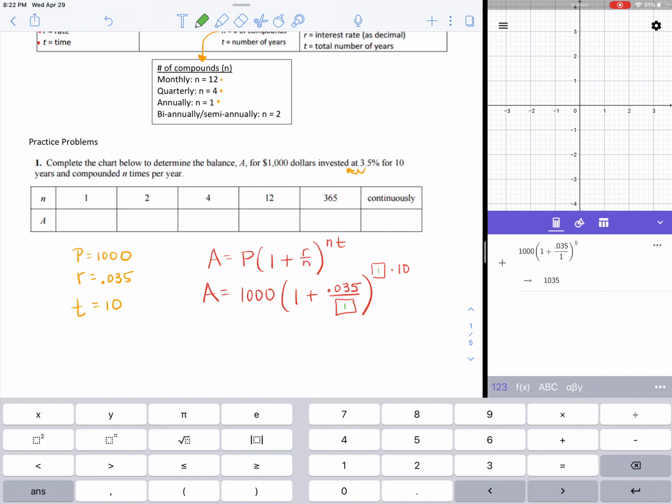Exponent, again, 1 times 10. And here's what we get. $1,410.598, so 60 cents.